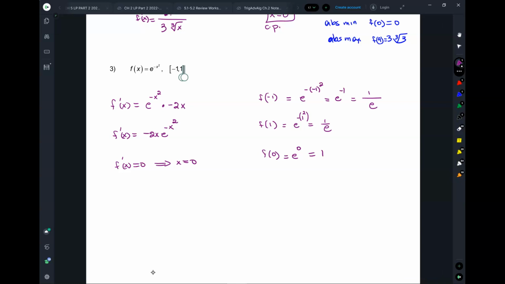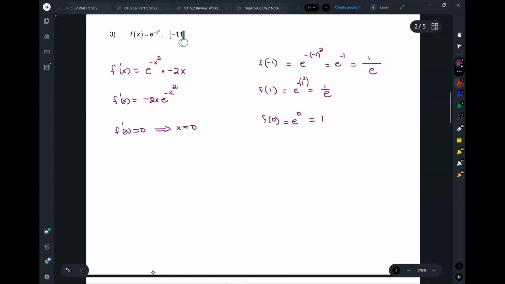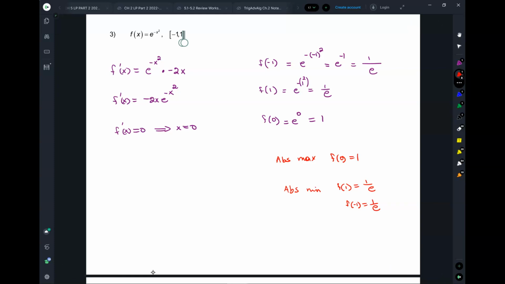All right, so which of these is the biggest? 1. So we say, absolute max, f of 0 is 1, absolute min, yeah, both of them. No, because it's inside. Okay, questions?